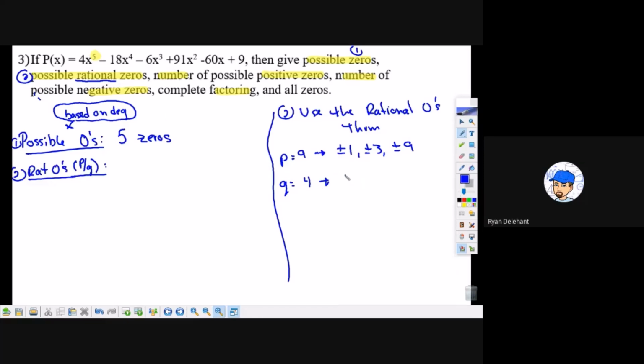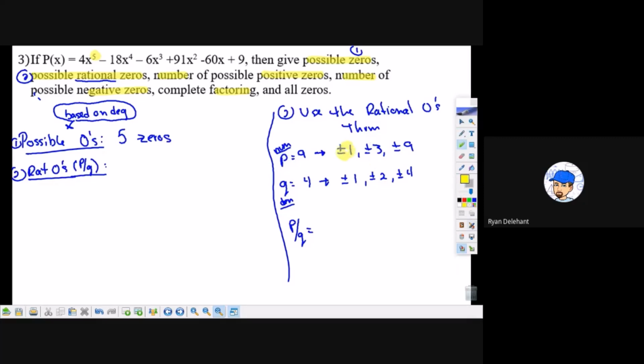So we need the factors of 4. So that's plus or minus 1, 2 and 2, and then there's the 4. And this answer is coming from what happens when we list all of these things together. Remember, P becomes the numerator. Q is the denominator, and we make fractions out of all of this.